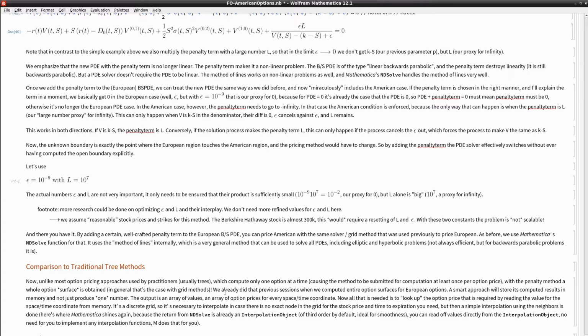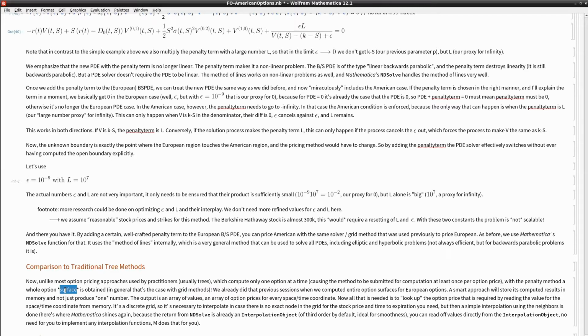A tree method gets you just one option price for one stock price. And if you want to know it for a different stock price, even if the price of the stock just changed by 1 cent, then we have to submit the whole tree again and wait for it to finish. That's why we like grid methods, and with Mathematica's NDSolve we are able to get an interpolation object that gives us entire option surfaces. It could be more than surfaces in higher dimensions.